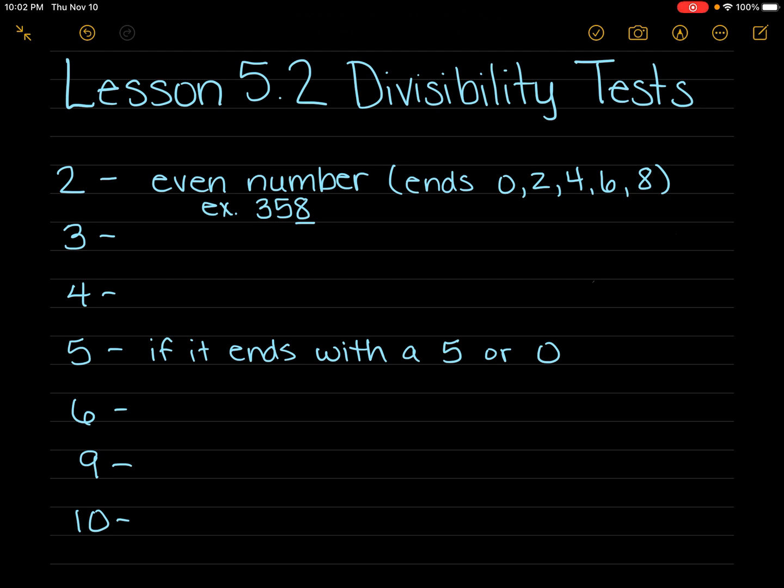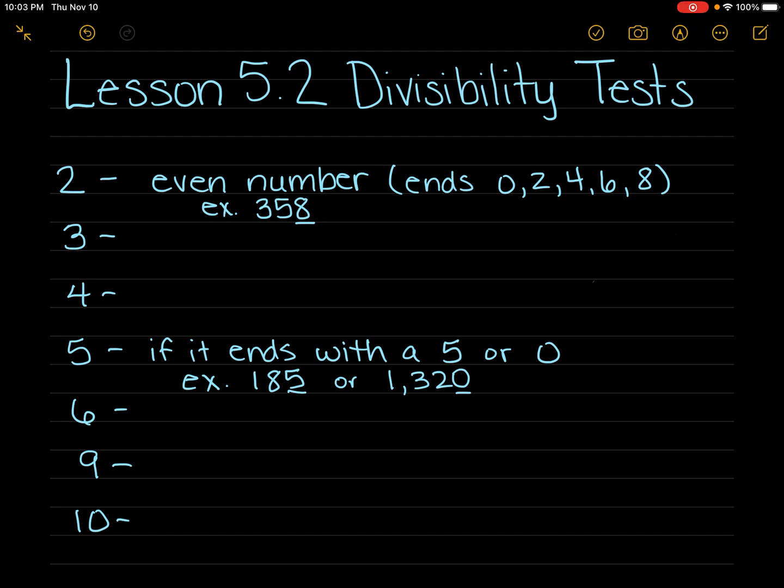So for example, if I have 185, that number can be divided by 5 because it ends in a 5. Or if I had 1,320, that ends in a 0, so that can be divided by 5.